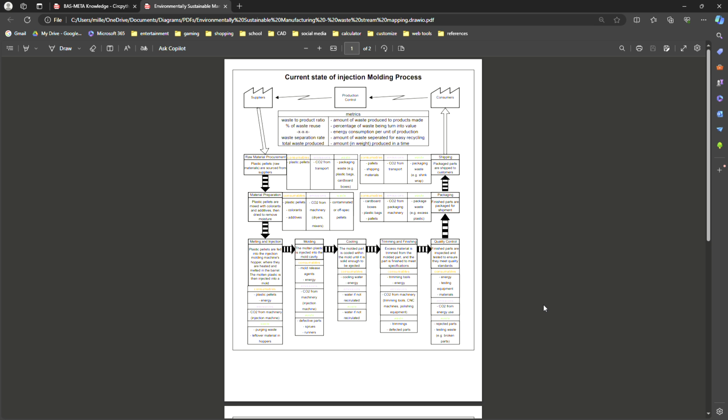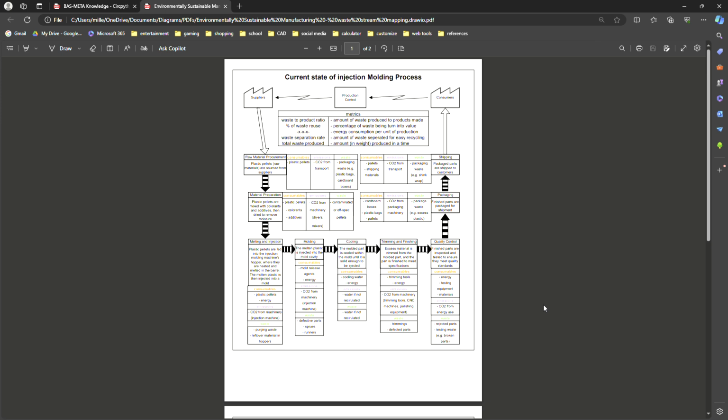And next is the molding process, which is what it sounds like. Molten plastic is injected into a mold cavity. This consumes mold release agent and energy. It produces emissions from the machinery used, which is the injection machine, and waste as in defective parts, sprues, and runners.